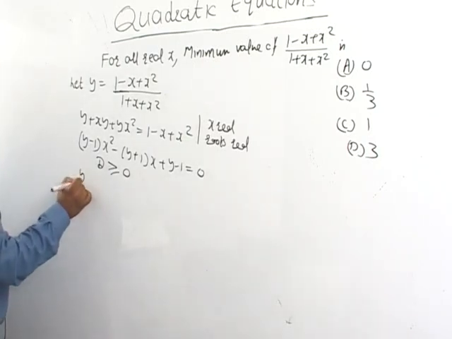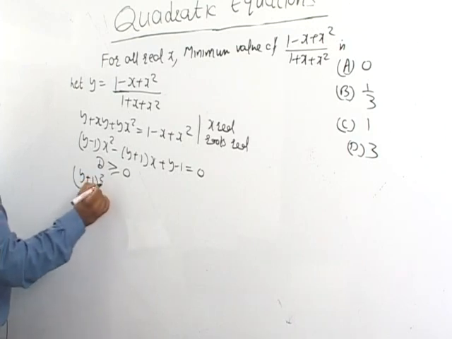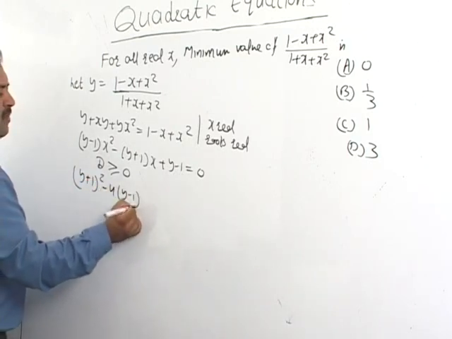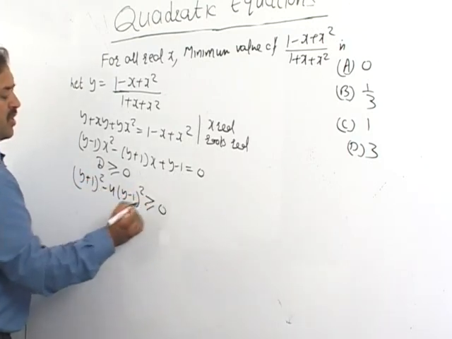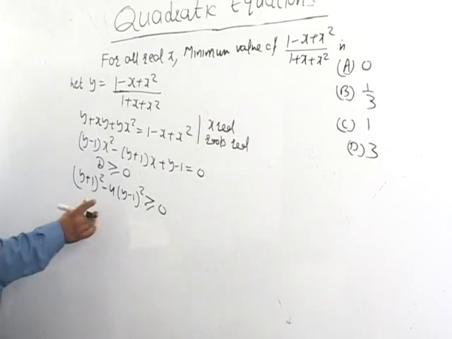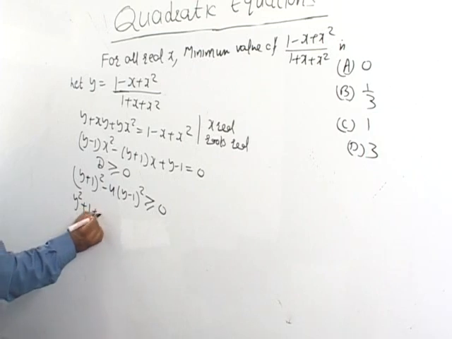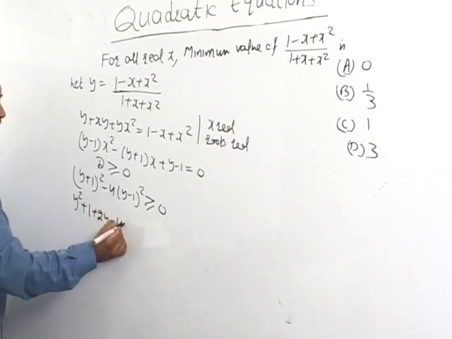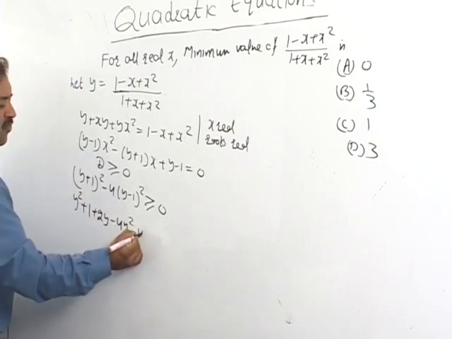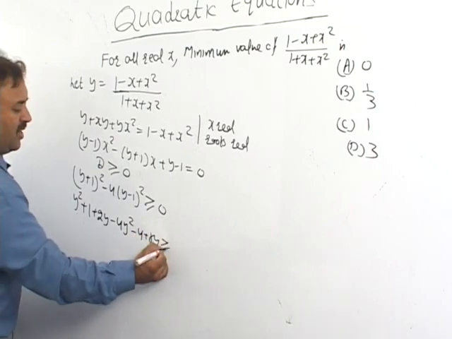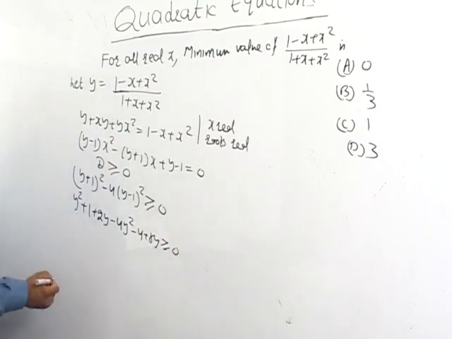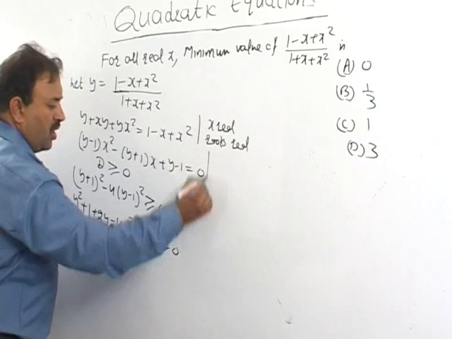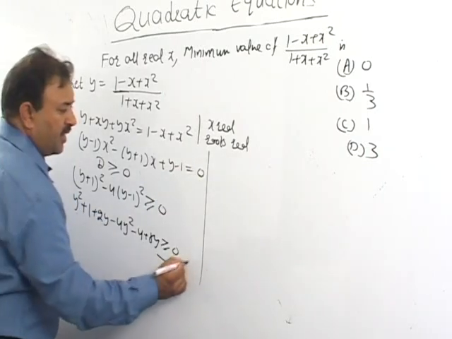Then (y plus 1) the whole square minus 4 into (y minus 1) the whole square is greater than or equal to 0. Now simplifying this one: y square plus 1 plus 2y minus 4y square minus 4 plus 8y greater than or equal to 0. Now I am writing down this step over here.